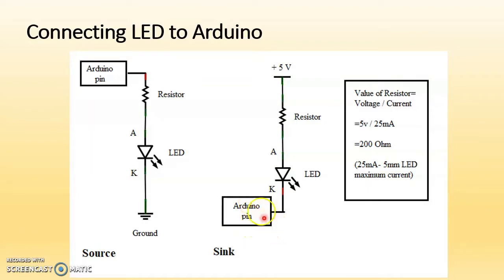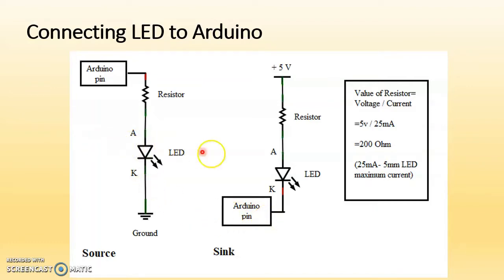That means this Arduino pin will sink the current that will be taken by this LED. So in the source method, the Arduino pin actually sources the current to glow this LED, and in the sink method, the Arduino pin sinks the current. That means it will not supply any current, it will only consume, or sink, the current. So that is the difference.